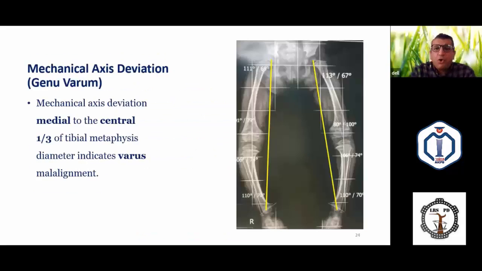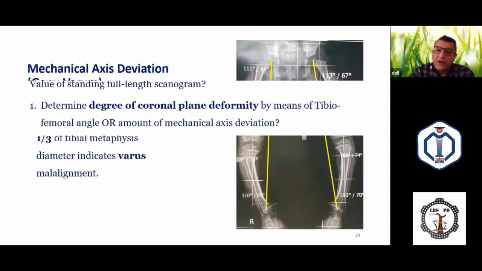Okay, this is an example of mechanical axis deviation. Normally, the mechanical axis will pass, or that is what we assume because there are variations in what is normal in children, through the tibial metaphysis.